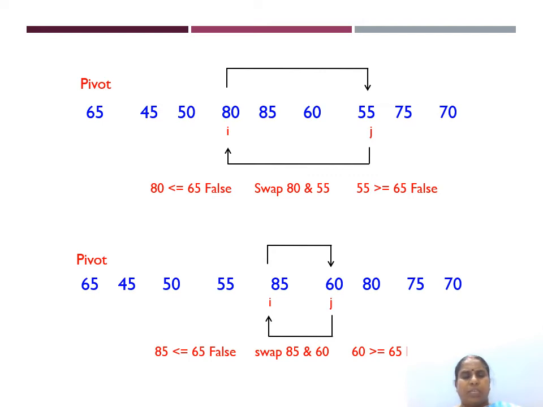Now i value is taken as 5 and j value is taken as 6, and it verifies the condition whether i is less than j. Yes, 5 is less than 6. So swapping takes place, that is interchange takes place between a of i and a of j.